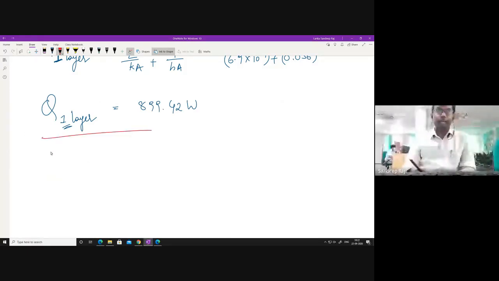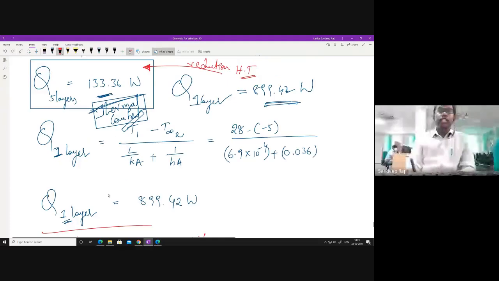And the second case, let me have a wool. The thermal conductivity of the wool is taken as 0.035 watt per meter Kelvin. This is the value, you take it, and using this value, you try to calculate what is the thickness of this particular wool that has to be obtained when you want this particular thermal comfort.